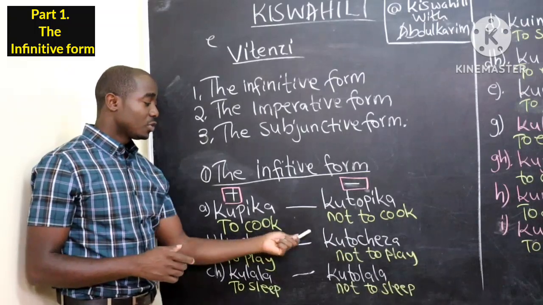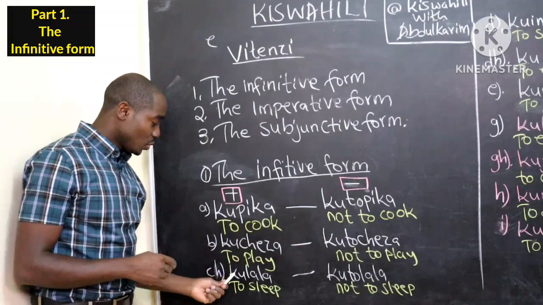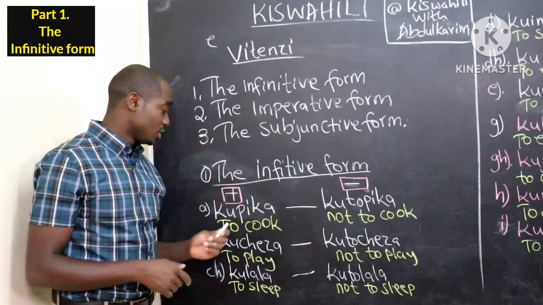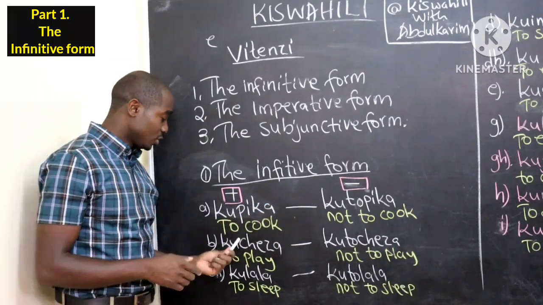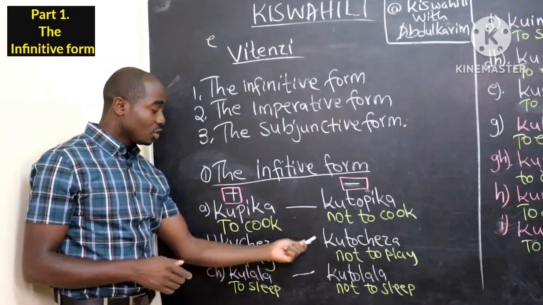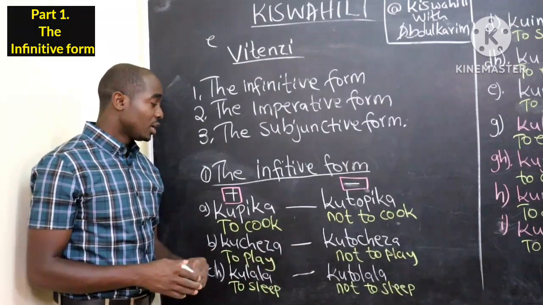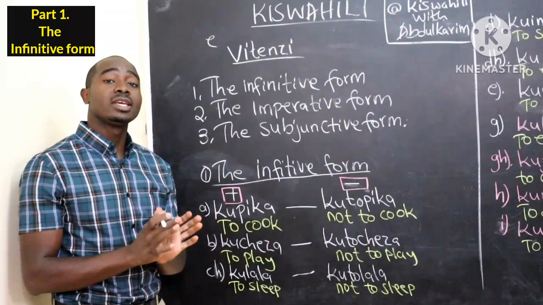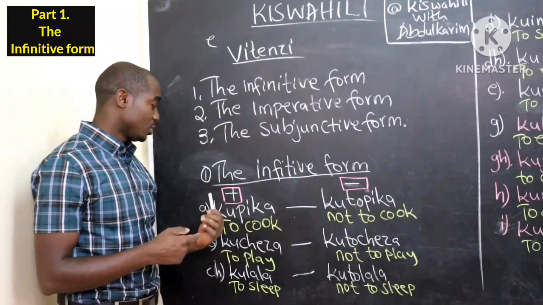Kucheza, kutocheza. Sawa? Kulala, kutolala. Kupika, kutopika. Kucheza, kutocheza. Kulala, kutolala. So this is how we can negate the verbs in the infinitive forms, the forms that start with ku.